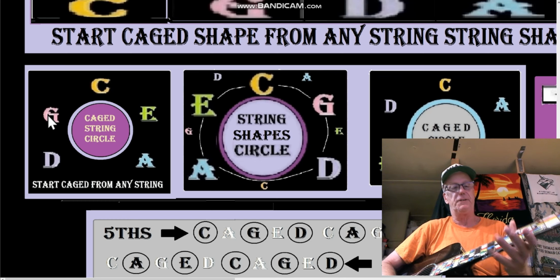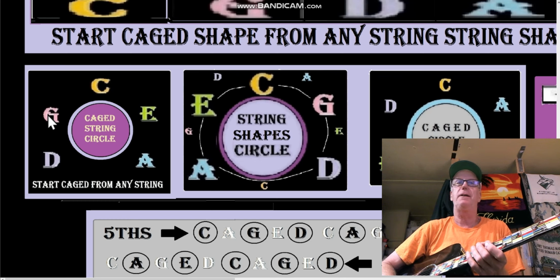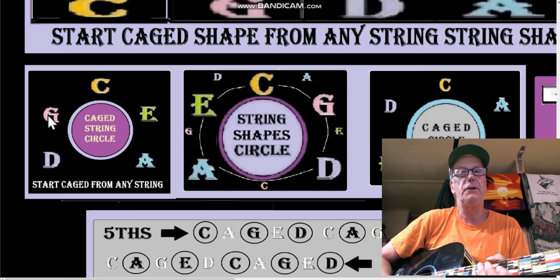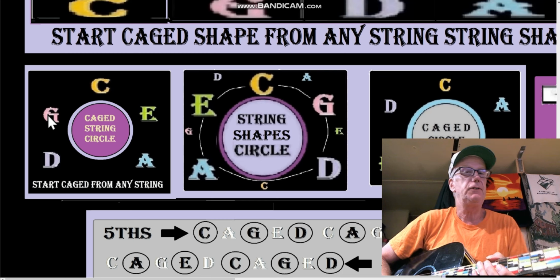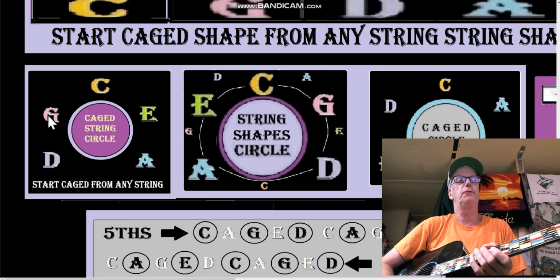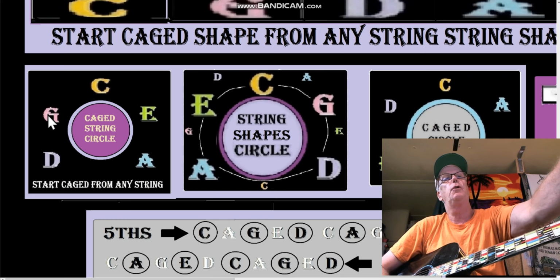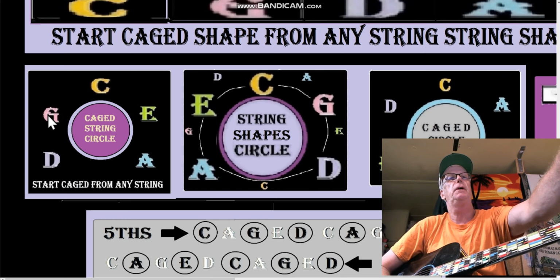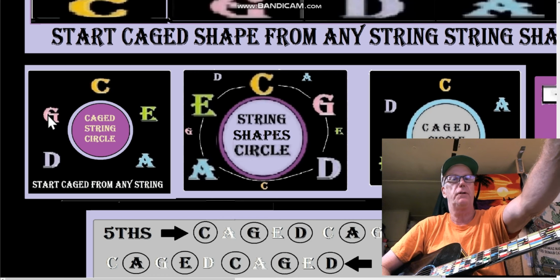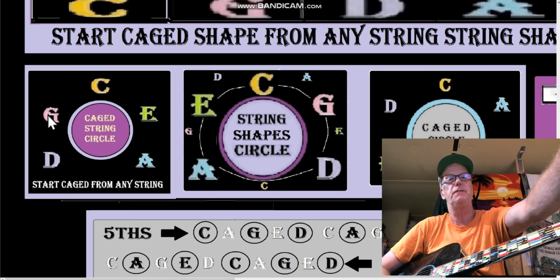Now, when I say G-shaped A flat, watch out, because is it the root A flat? Is it the fourth of A? Is it the fourth of D flat? Is it the fourth of E flat, or the fifth of D flat?